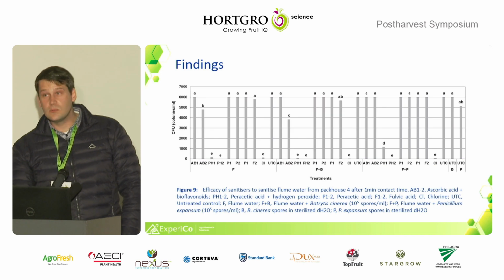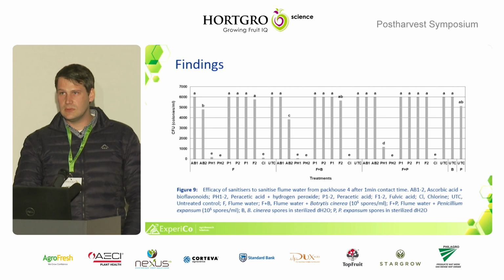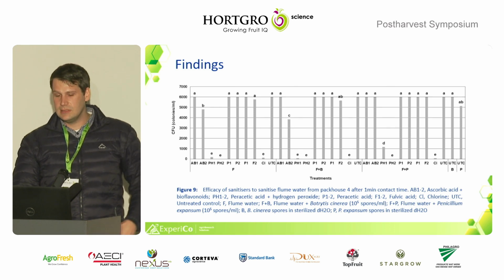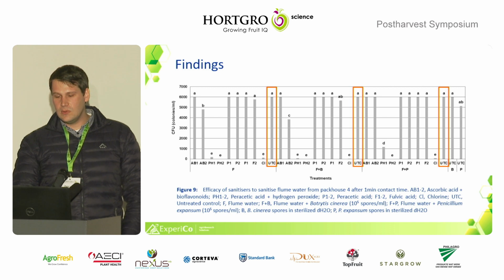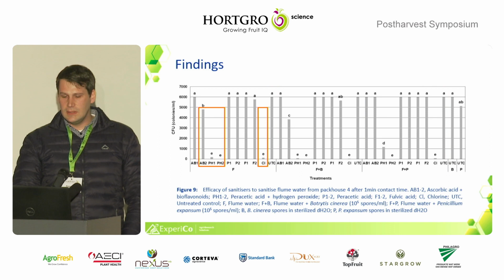And this is even worse water. This packhouse didn't have very good quality water, so always keep that in mind. When we sourced this water, it had already been used for about 3 days, so we wanted it to be contaminated. We also see from the untreated that it's bad quality Flume water.